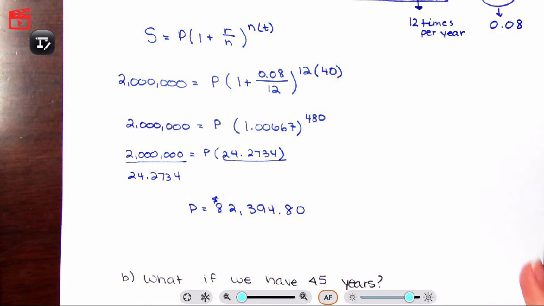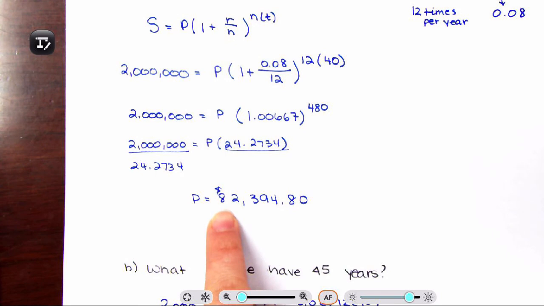So if you start at 8% interest and you have 40 years before you wish to retire, you're going to have to invest a total of $82,000. Now, what if you had an extra 5 years? If you started investing at a younger age, you have more time before your retirement age.